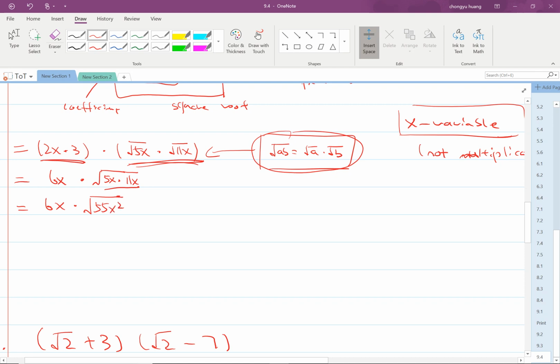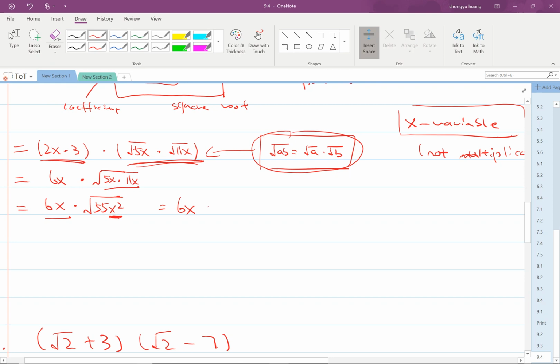Let me repeat again: 5x multiplied by 11x, 5 multiplied by 11 is 55, and x multiplied by x is x squared. Over here, first of all, 6x, we don't have to do anything because this is already in the simplest form.